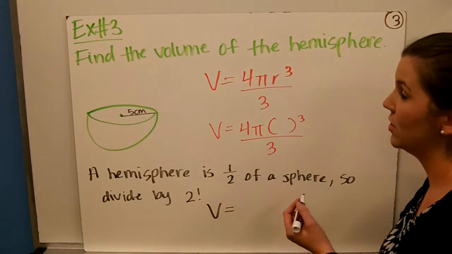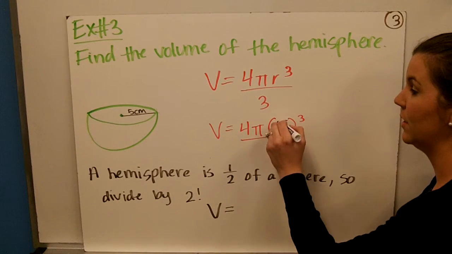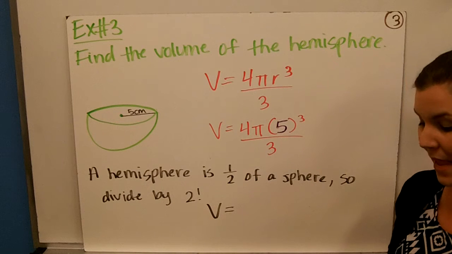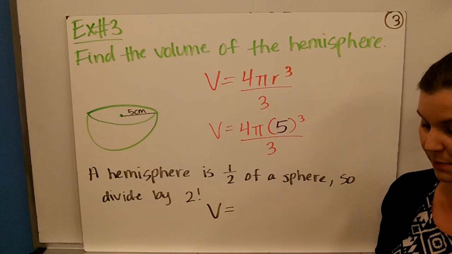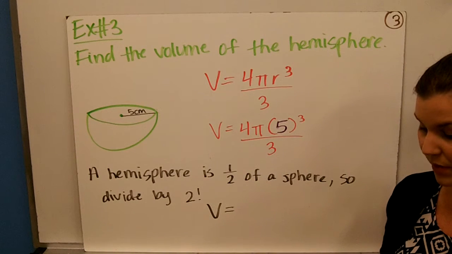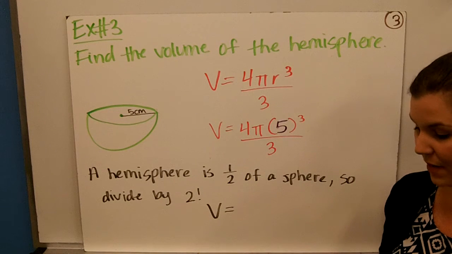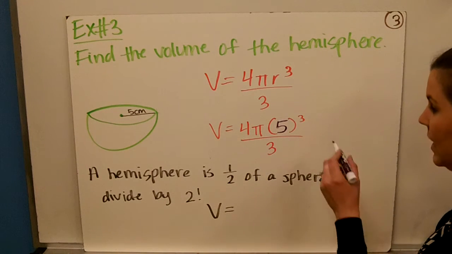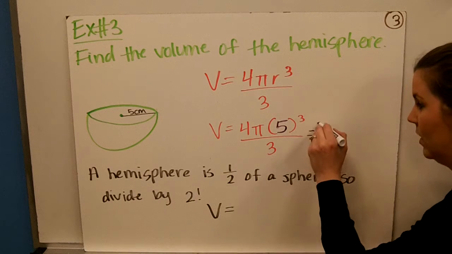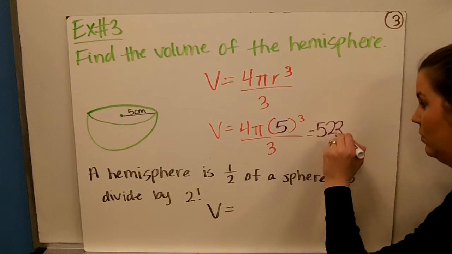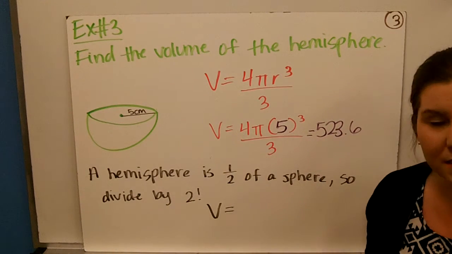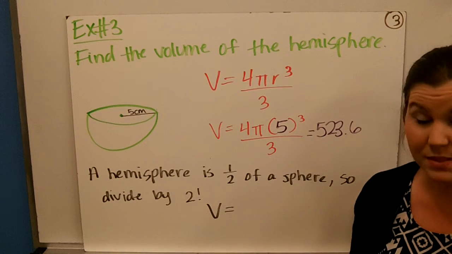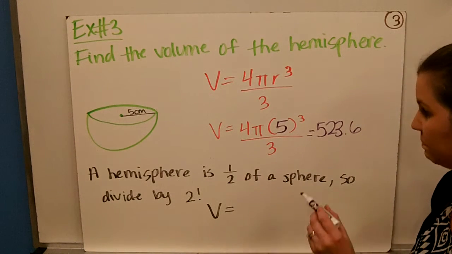You can see from the picture that the radius is 5. So plug in 5 for r. And calculate this. 4 times pi times 5 in parentheses to the third power, divided by 3. And we get 523.6. It's like the same problem, same size ball from the previous problem.